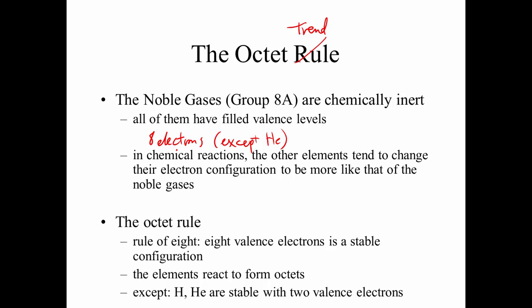So that means there's no electrons available to make bonds. And so other elements will change their valence electron configuration to be more like that of the noble gases. In other words, 8 valence electrons is a stable condition, and so elements will react to form octets.